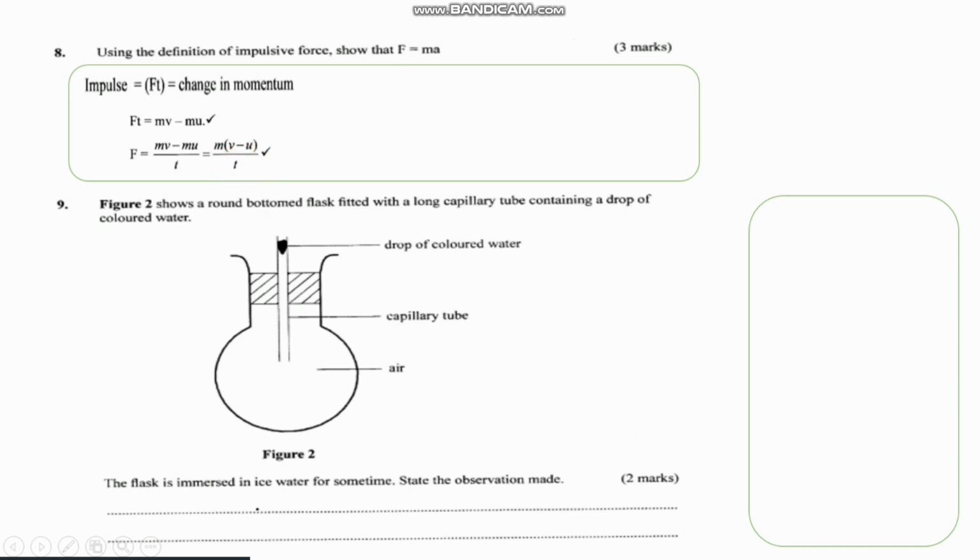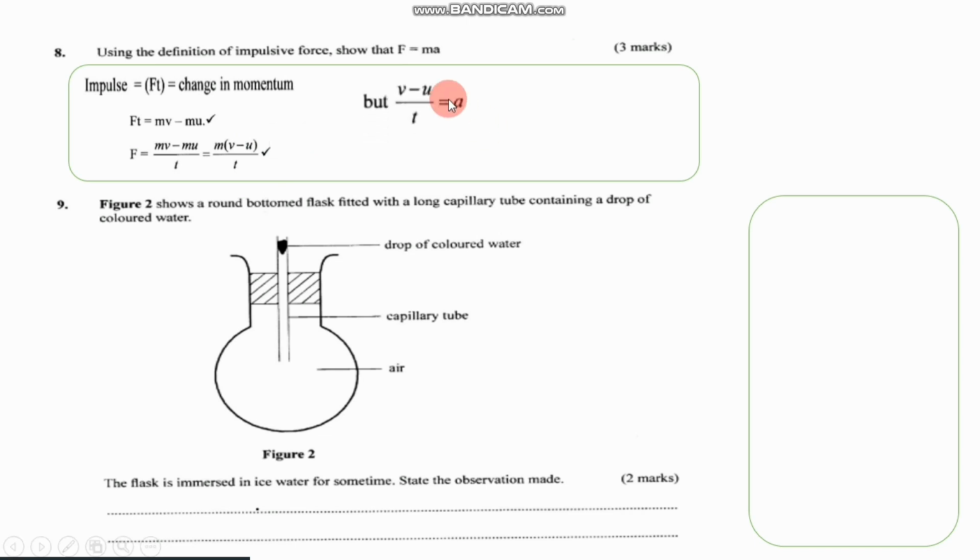In linear motion from Form 3 work, we learned that the acceleration is given by the change in velocity, which is final velocity minus initial velocity, divided by time. So that is the change of velocity divided by time, and that is acceleration.